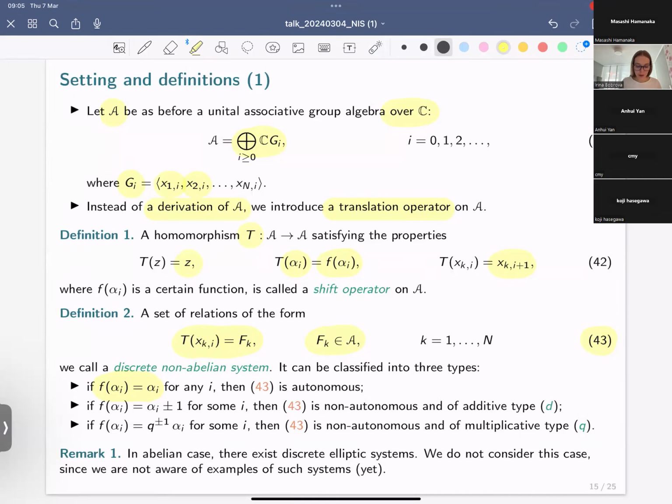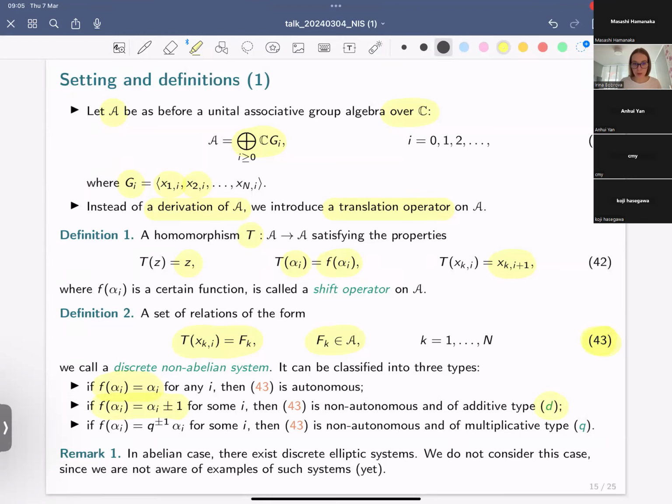If this function is given by this formula, where we shift some of these parameters a sub i by 1, we will call this system (4.3) a non-autonomous system of additive type, or D type.